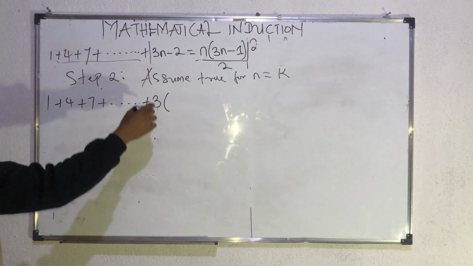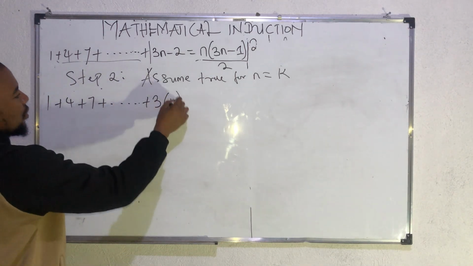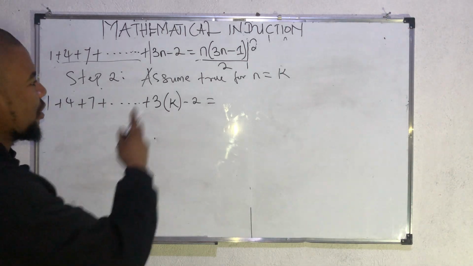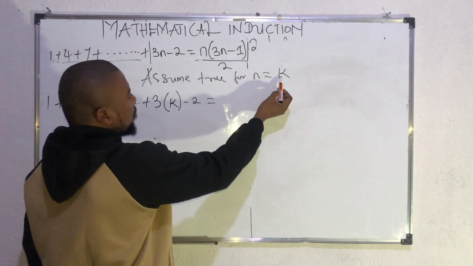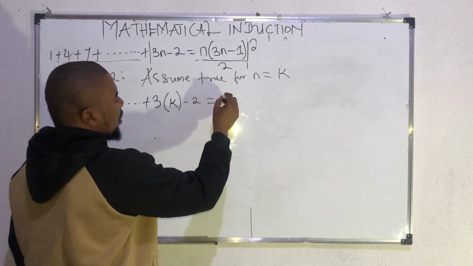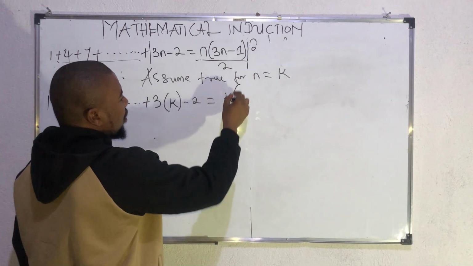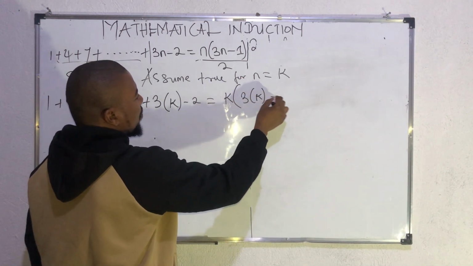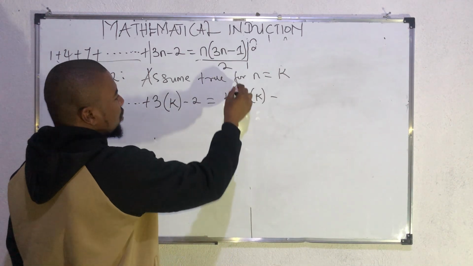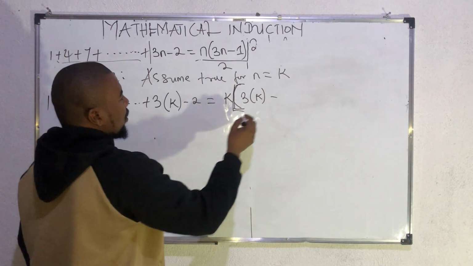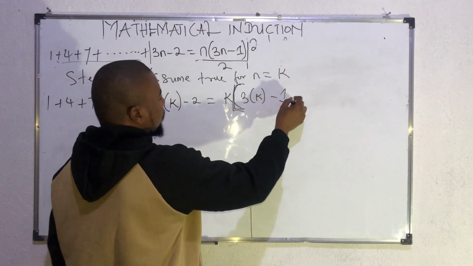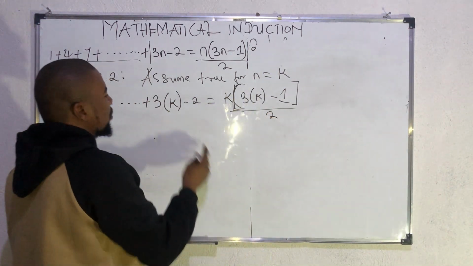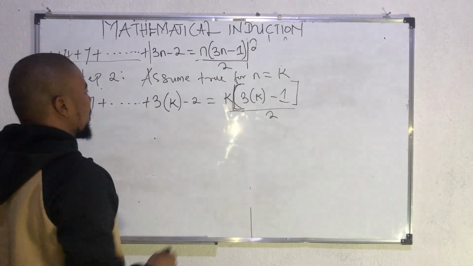So wherever we see n, we put a k minus 2. This is equal to, for the right part, we also substitute a k for n. Hence, we're going to have k multiplied by 3k minus, permit me to use a square bracket, minus 1 all over 2. So this is the right part and this is the left part.